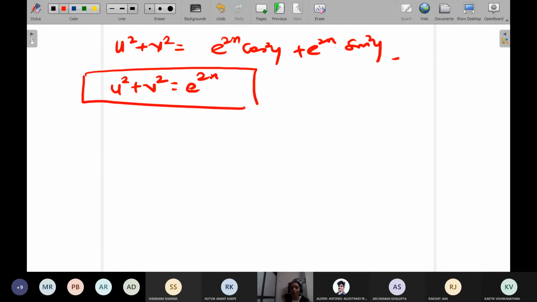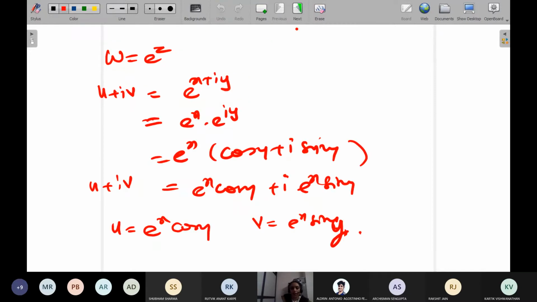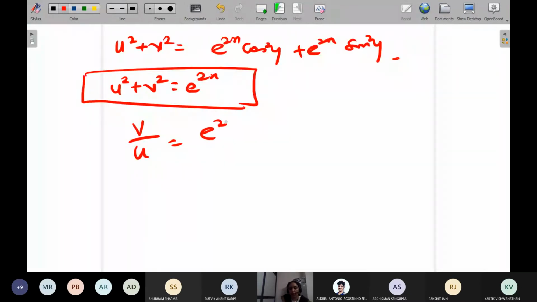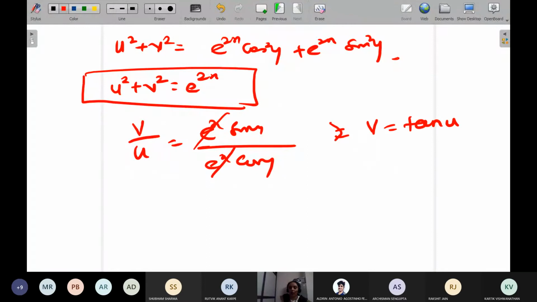This is one equation. The other equation is V by U. V by U will be E power X sin Y divided by E power X cos Y. So E power X will get cancelled. V by U is equal to tan Y. Okay, so you can use even this as a transformation equation.